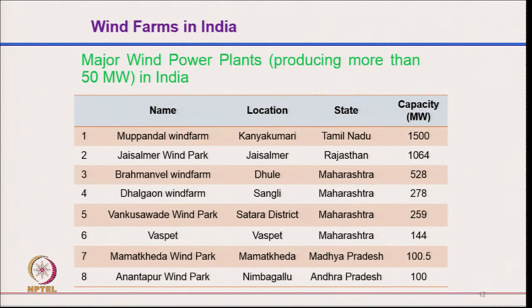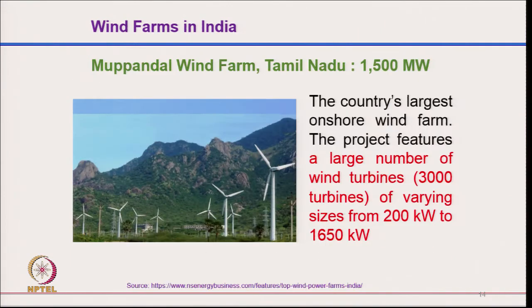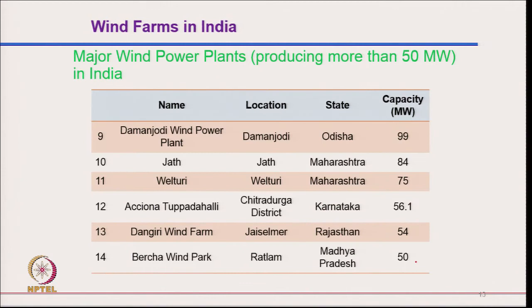In India, the major power plants are located in many places, starting from 1500 megawatt, then 1064 megawatt. Typically, 14 major plants of up to 50 megawatt capacity are already installed in India.